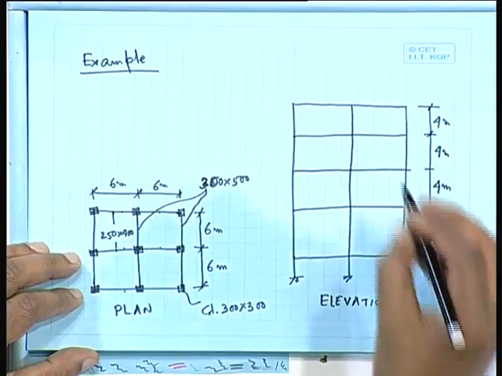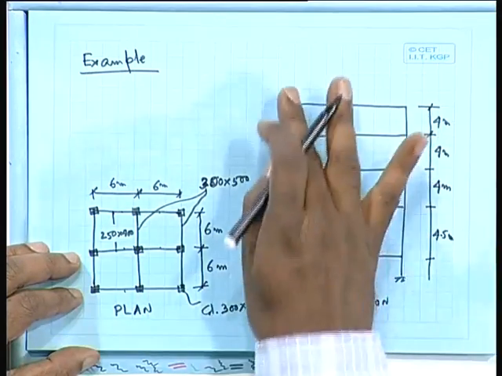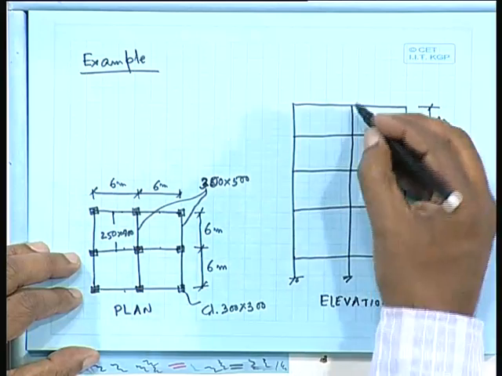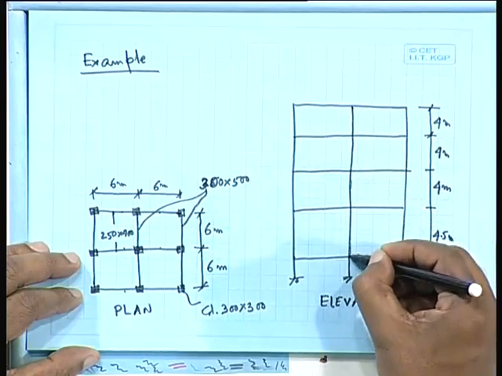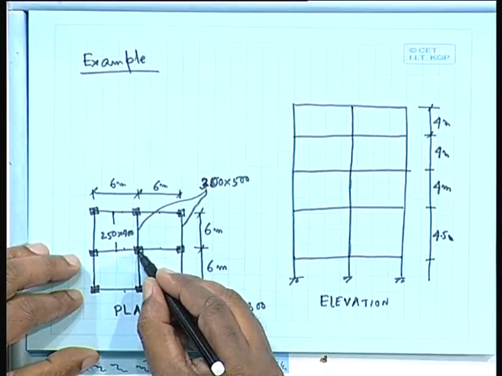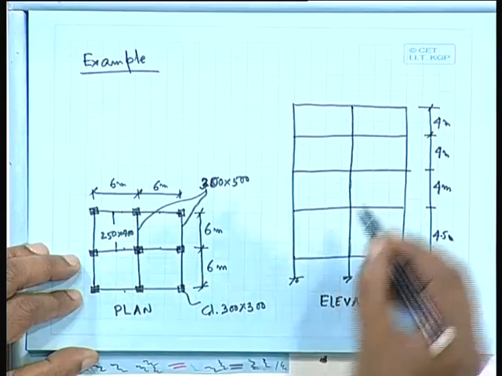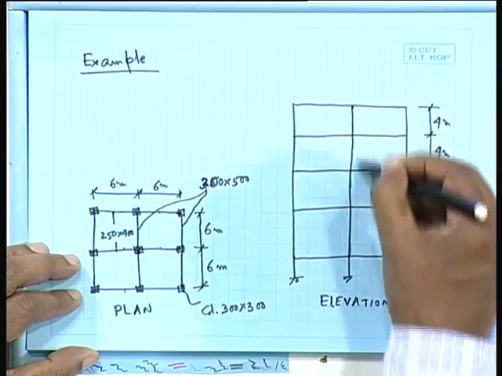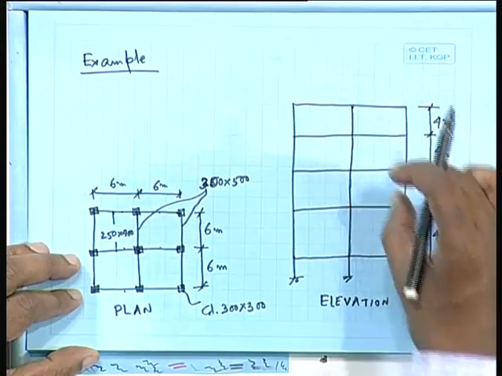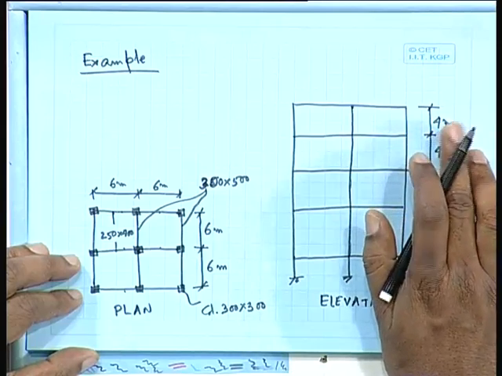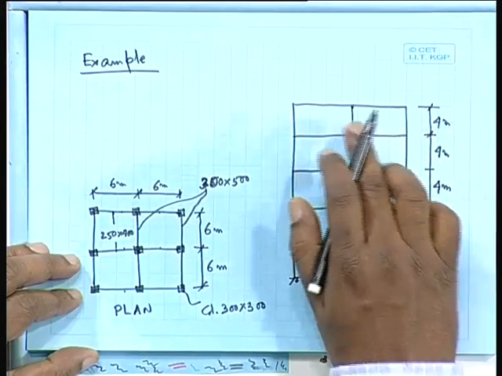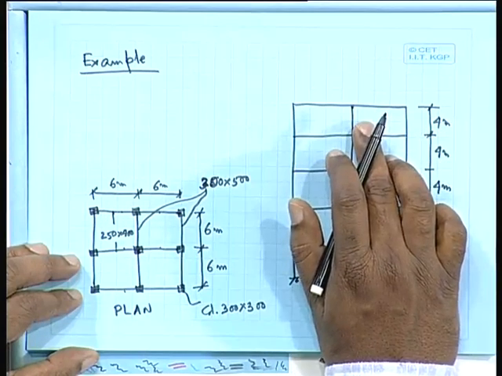Let us say we are interested in finding, instead of all other cases, only this case. That means for this column we are interested in finding the effective length. Each of them we have to find out. It will be 4 meter multiplied by some factor that we have to find out.